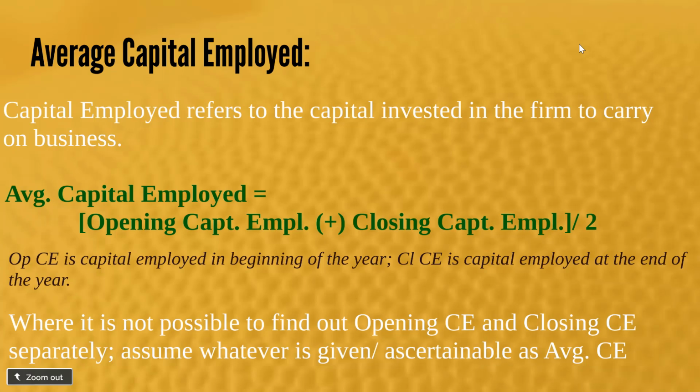After adding these two up, if we divide it by 2, we get what is called the average capital employed. But in most sums, it may not be possible to find out the opening capital employed and closing capital employed separately. So assume that whatever is given or ascertainable is average capital employed.